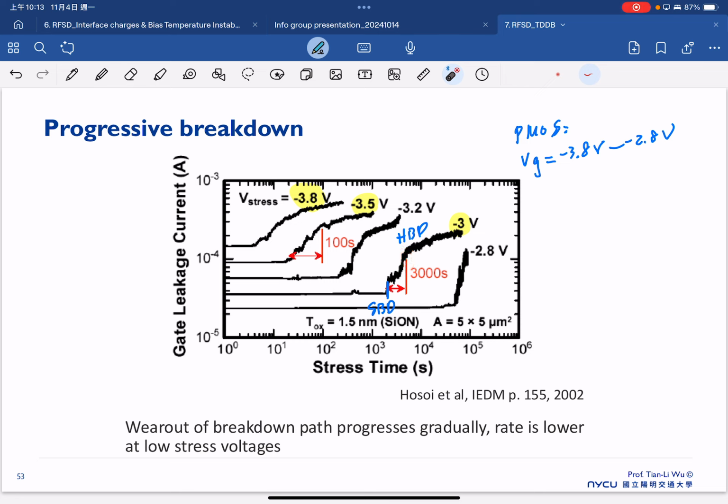But now if we increase the bias, this is minus 3.5 volt. This is still the same: this is a soft breakdown, and this is a hard breakdown. But now we only need 100 seconds.